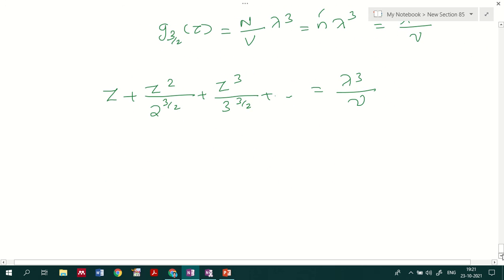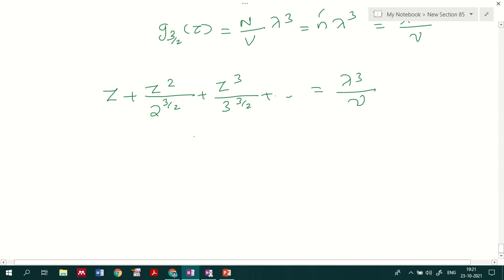So what we are getting here is the series expansion of Z. Now if you expand this term also in this way, we will be getting the corresponding representation for that.